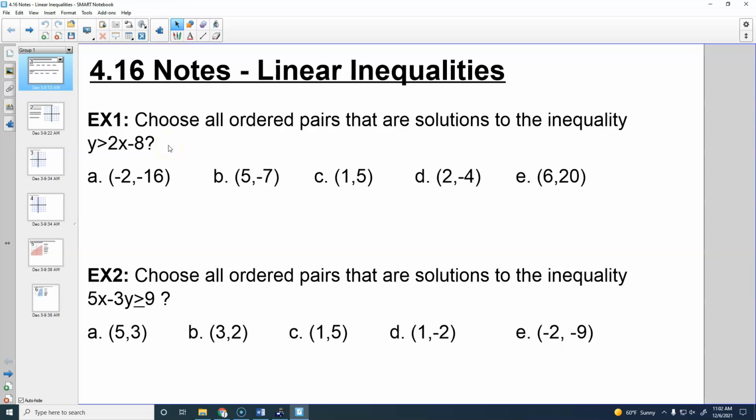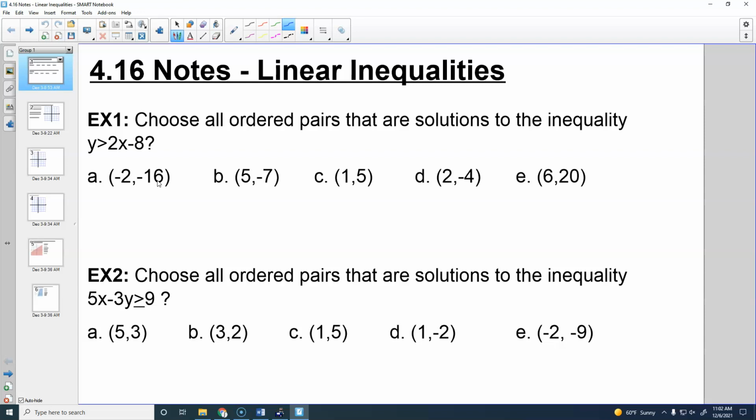You can see right here we have y is greater than 2x minus 8, except they have an inequality sign instead of an equal sign. So we talked about determining solutions a while back. If I had a point like -2, -16, and I was trying to decide if it was a solution with an equation, what did I do with that point?